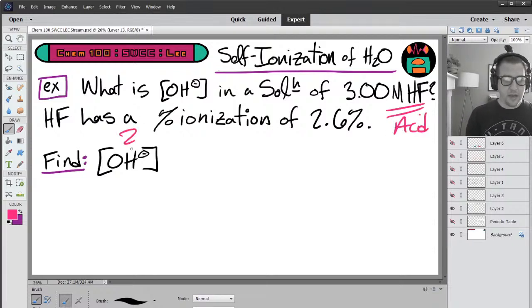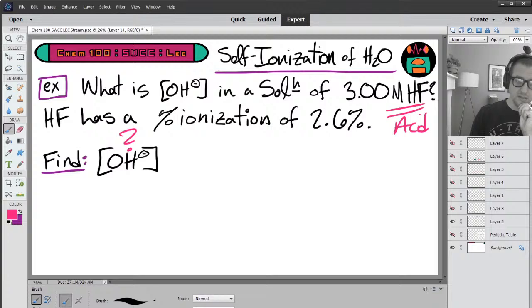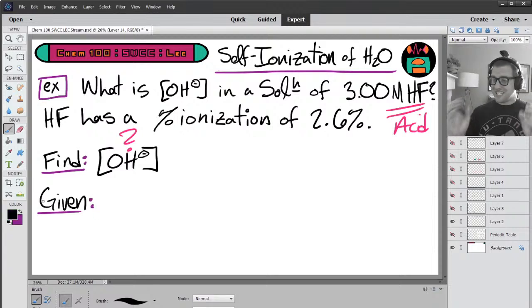When you're asked about a base but given an acid, I guarantee you're going to need the self-ionization of water. All right? Because this is the thing that connects the two of them together.